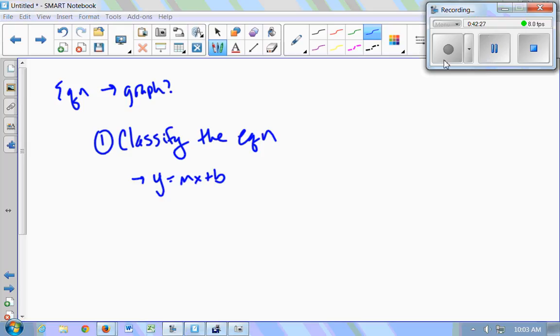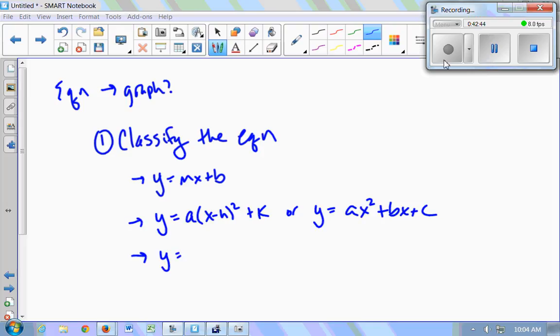It could look like a quadratic, like that. It could be a cubic. Or, right, multiplying three factors together to make a cubic.